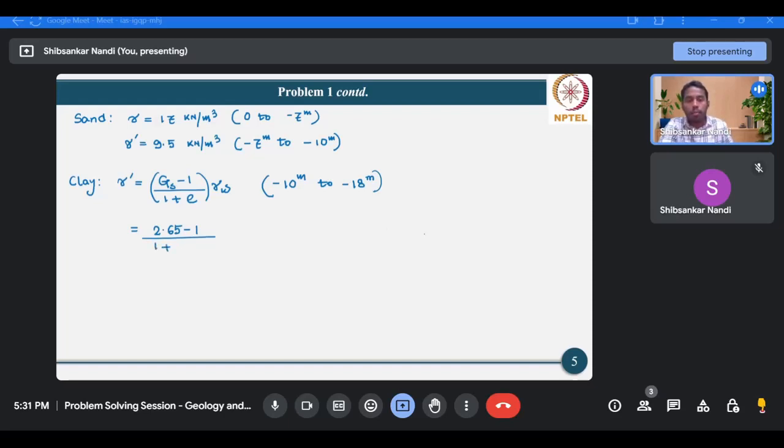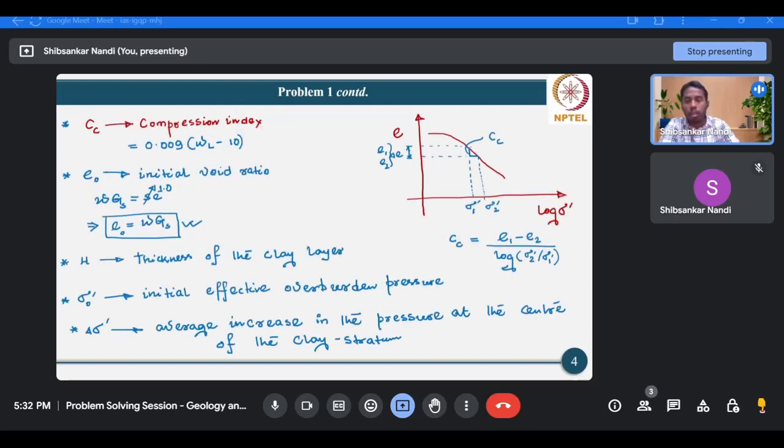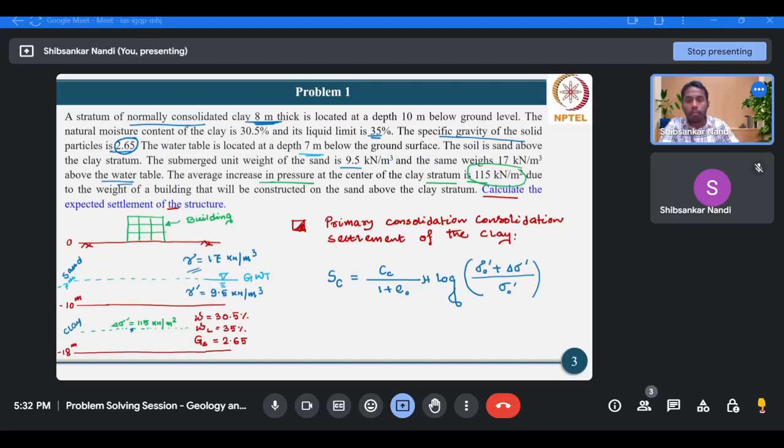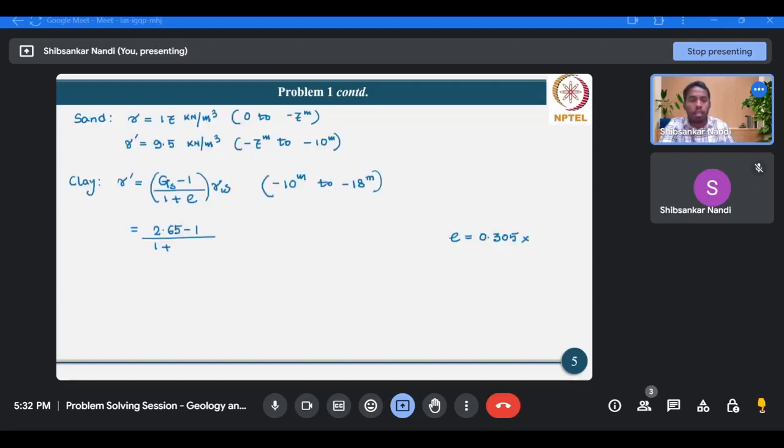This is simply w times GS, and the water content of the clay is 30.5%, and the GS value is 2.65. So therefore 0.305 into 2.65 is 0.8083.